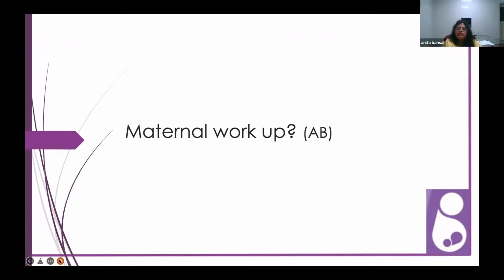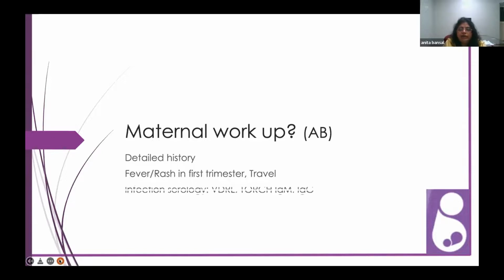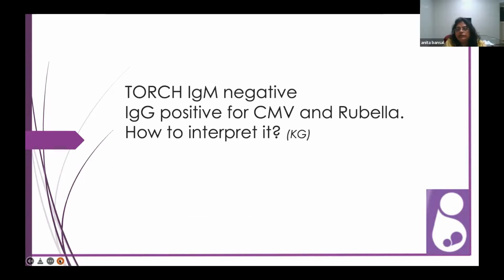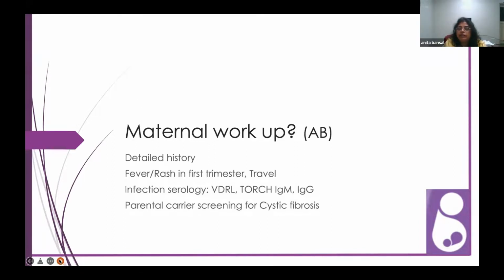Since there is hepatic calcification, we have to think of major infections. We have to do a detailed ultrasound in each case to look for calcifications outside the liver, suggestive of any infections in the pregnancy. Fever or rash history should be taken, and any infection should be looked for.